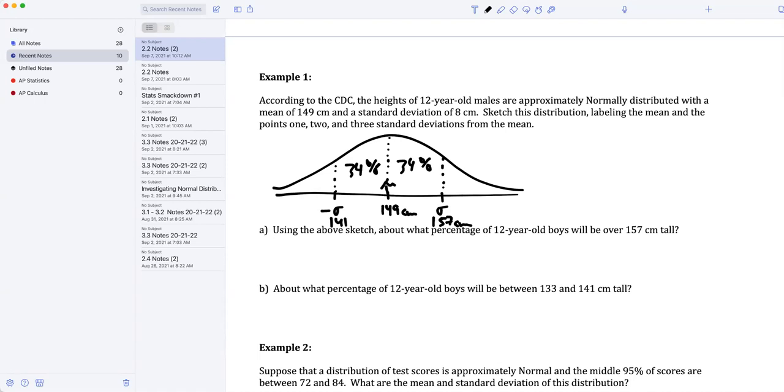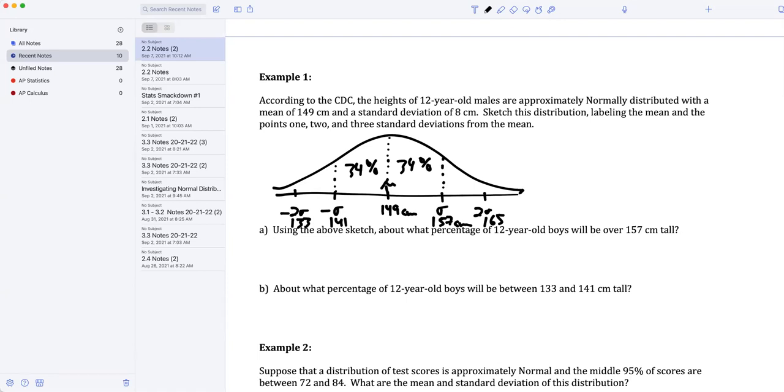Now I go out to 2 sigma. If I add 8 to the 157, that gives me 165. And going to -2 sigma over here, I subtract 8, which gives me 133.